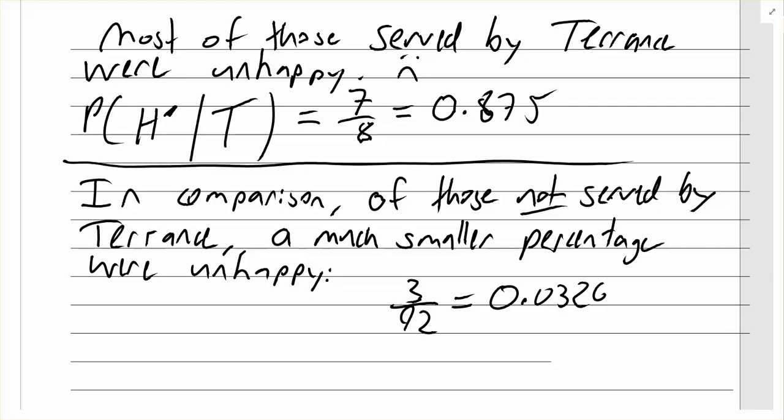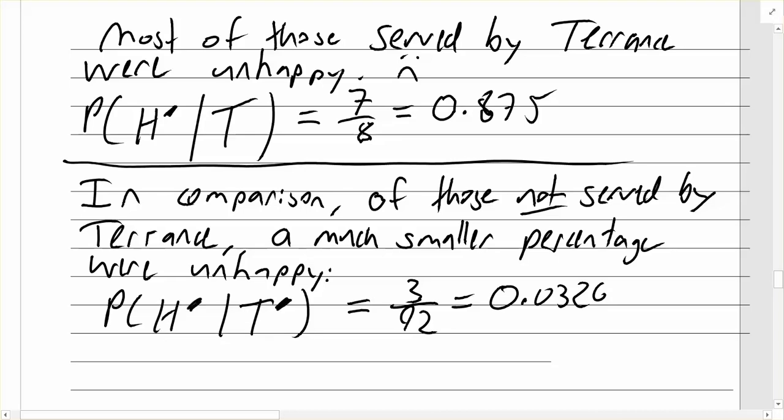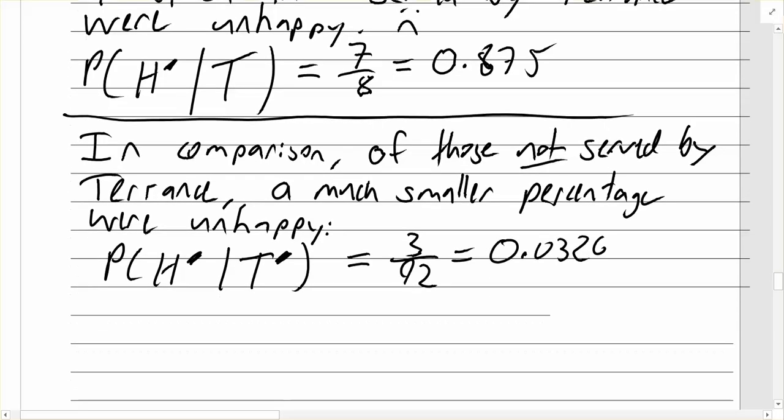So we're talking 87.5% versus 3.26%. And the notation for those not served by Terence: the probability, given that you were not served by Terence, so T with a dash, that you weren't happy, is much lower.